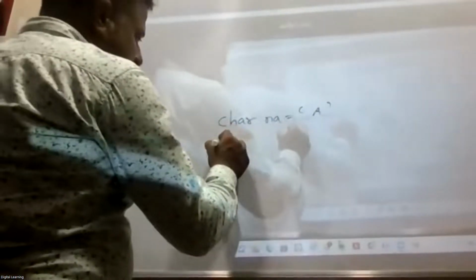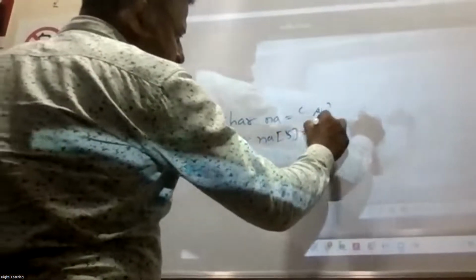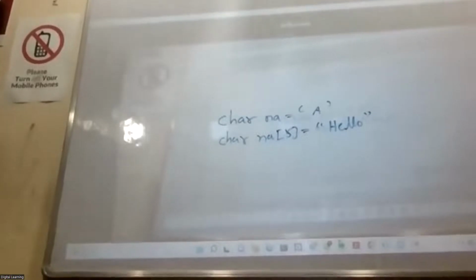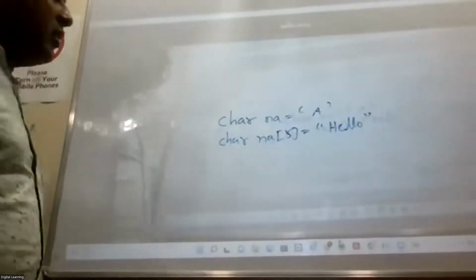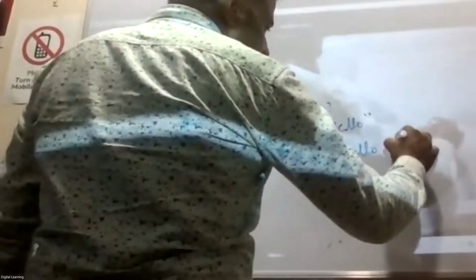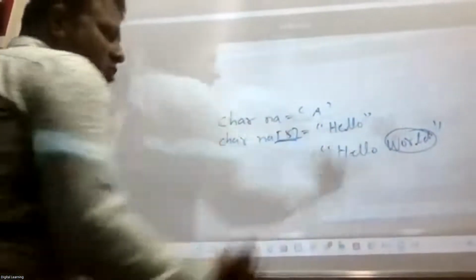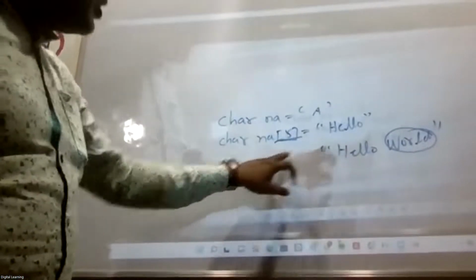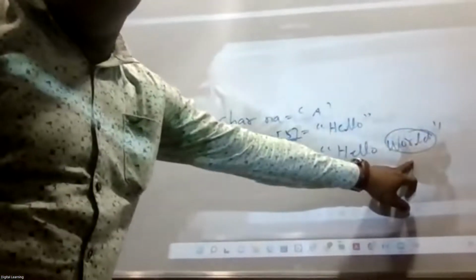If I want to store a name, then I will give a size here, like 5, so hello will be stored. If I want to store a longer word, I cannot store it there because I am giving a size of 5. As I am giving a size of 5, I am able to only store hello.